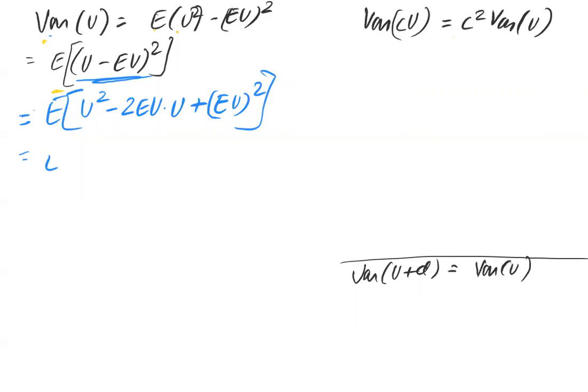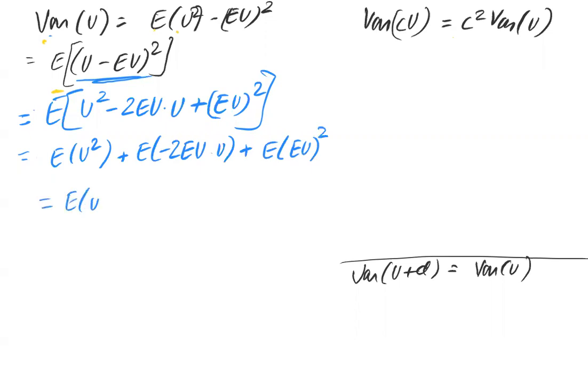Which can also be written as E of U square minus 2 times EU times EU.